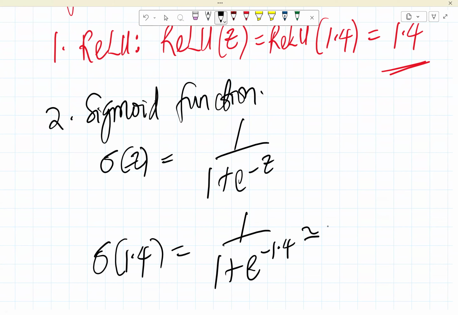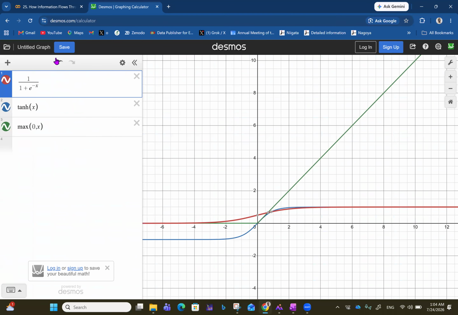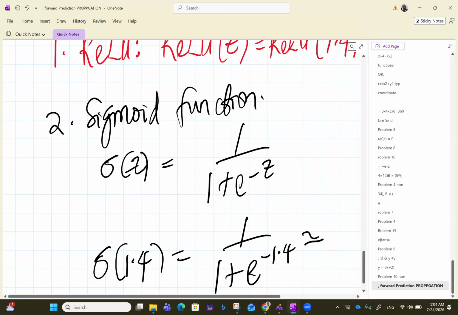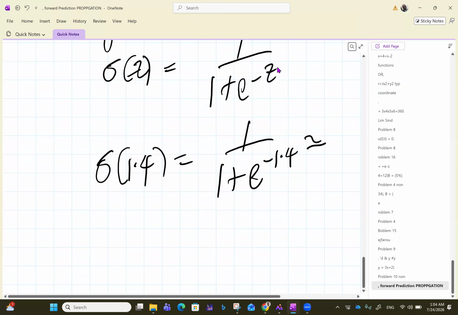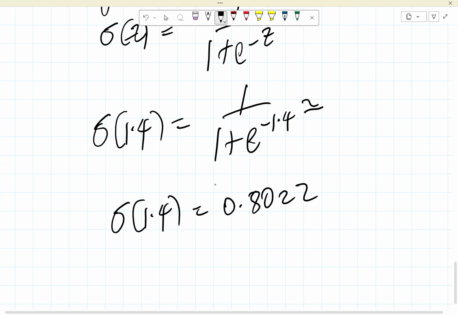We can get the approximate value using Desmos. Thankfully, we already have it running. So this is 1.4 here. That is 0.8022. So sigma of 1.4 is 0.8022.